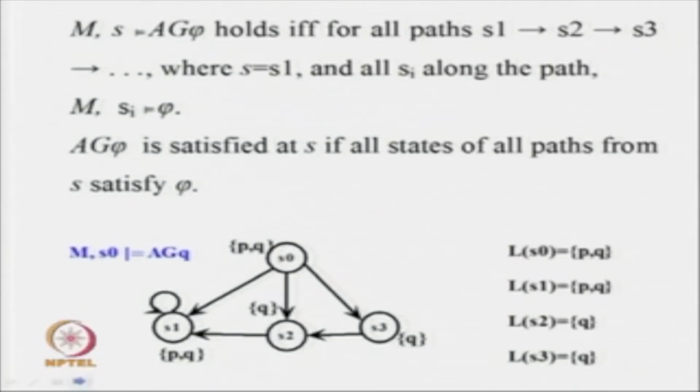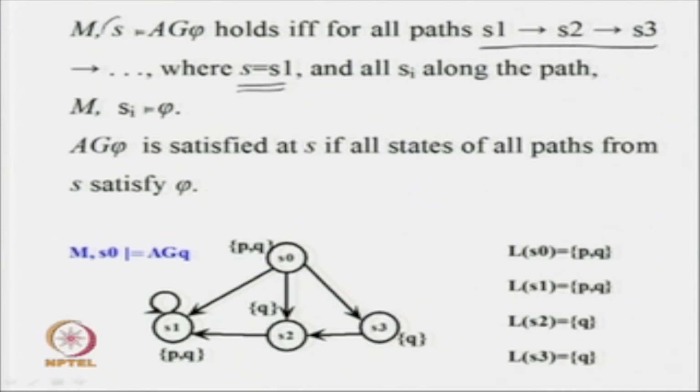G is a global operator, and AG phi says that in all paths globally phi holds. So, if it is true in a particular state, we say that in model M, state S, AG phi holds. When we say that AG phi holds, it is for all paths that we consider, like a transition from S0 to S1, S1 to S2, S2 to S3, and like that a sequence of states where S equals S0.